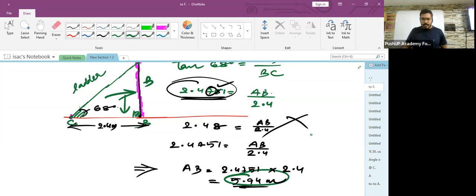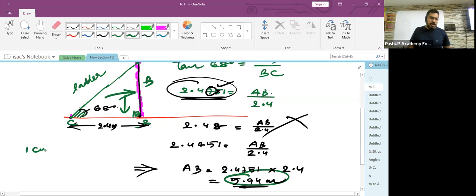Children, each centimeter has got how many millimeters? Sorry, this is meter, right? Each meter has got how many centimeters? 100 centimeters, right? So after the decimal point, you should be placing only 2 decimal digits. Why?